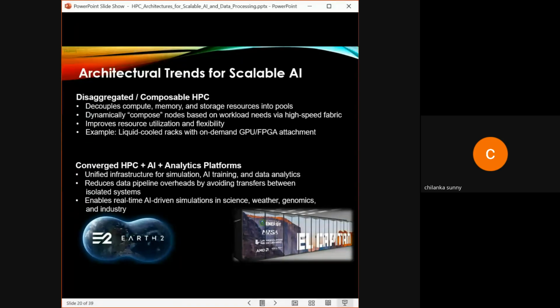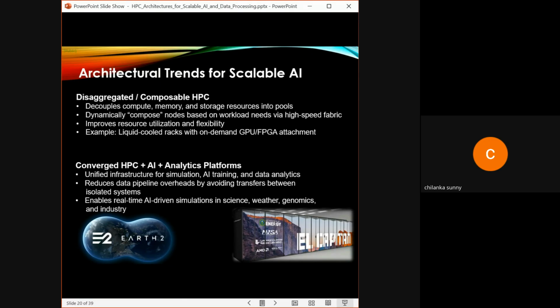By unifying this, we can get rid of such overheads and also enable tight feedback loops. For instance, when we run an AI model that steers a simulation in near real time, with everything unified and without incurring these overheads, we get the ideal runtime. So convergence minimizes pipeline friction and improves the end-to-end time to insight, but it requires careful resource orchestration. That's the challenge there.